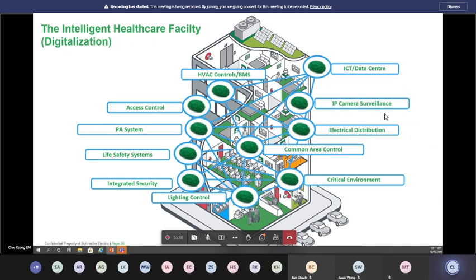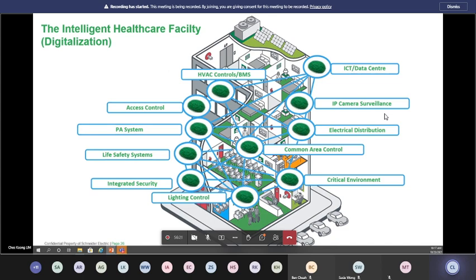It can send information to the BMS for the BMS to cut off the outdoor air supply or whatever air circulation within the affected area, to starve whatever fire condition that may be, and at the same time probably cut off the power to the area and activate the emergency power supply to have the lightings come on. Meanwhile, it sends a signal to the security system so that it will lock down the affected area in terms of access, and open up all the emergency exits so that people can evacuate and escape.